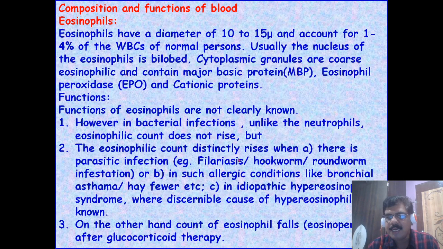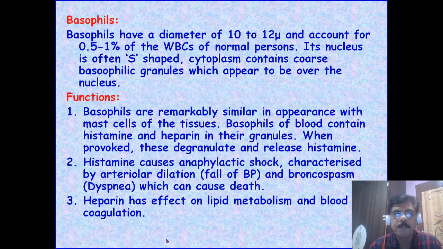It rises when there is a parasitic infection, filariasis, hookworm, roundworm infestation, and allergic conditions like bronchial asthma or hay fever. On the other hand, the eosinophil count falls during glucocorticoid therapy.